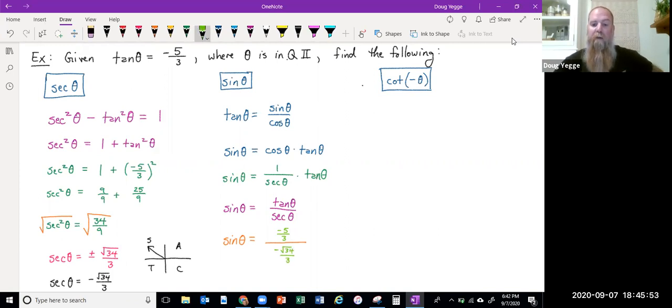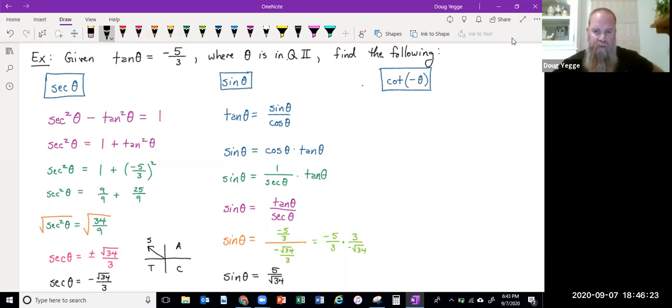And so if I multiply by the reciprocal, that's going to give negative 5/3 times 3 over the negative square root of 34. And notice the 3's cancel. So we're left with sine of theta is equal to 5 over root 34.